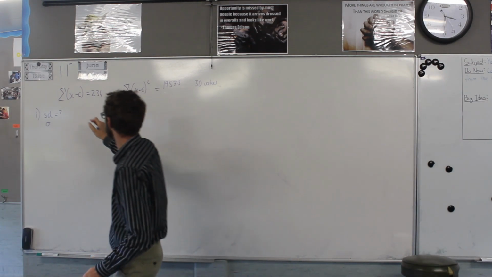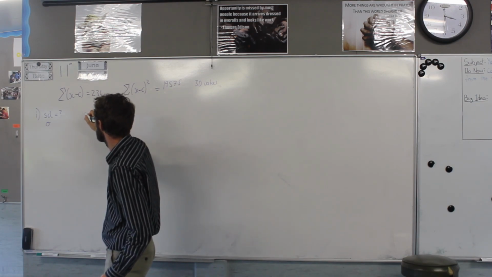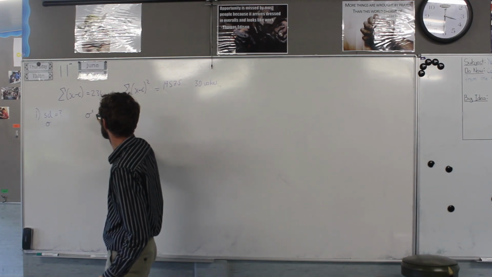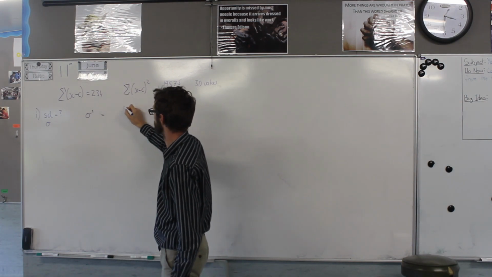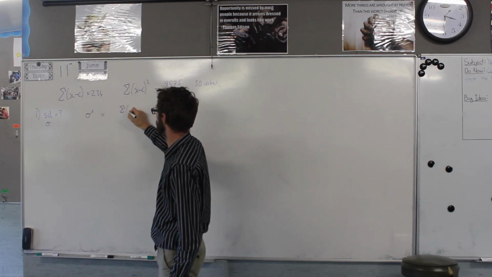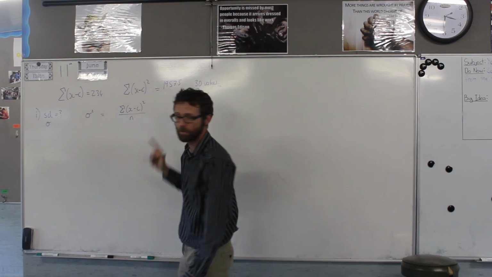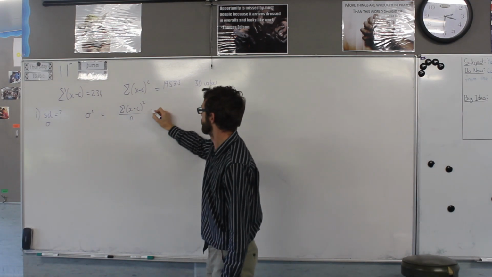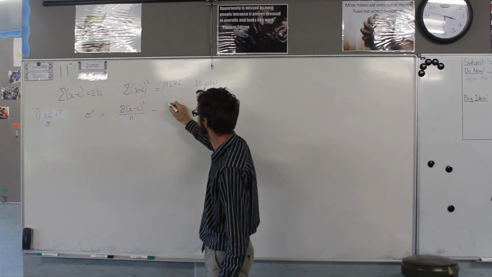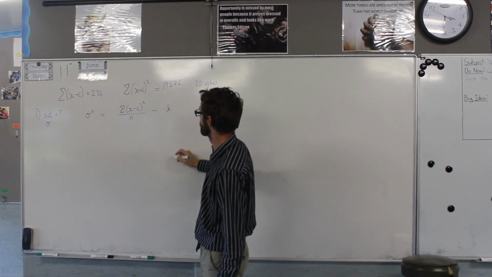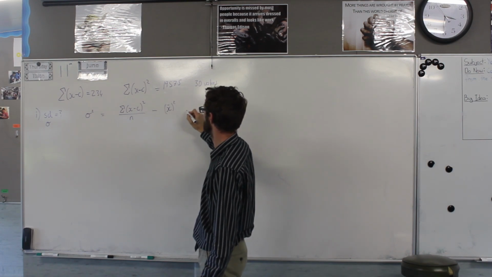And we know that variance is equal to this. This is one of the formulas we learned earlier on: over the number of items of data, frequency, subtract the mean, which we wrote like this, squared.